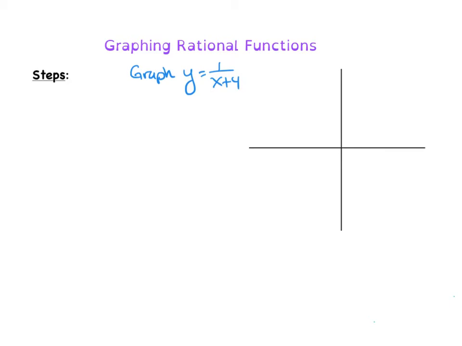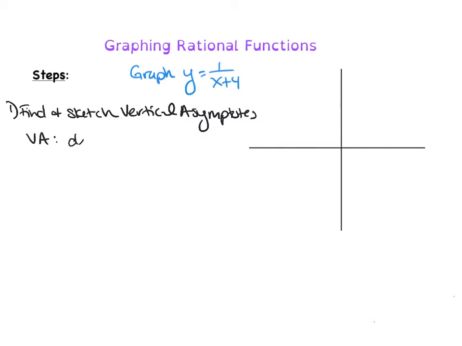So here are the steps that you should follow when you're graphing rational functions. Step 1. The first thing that you want to do is find and sketch your vertical asymptotes. So remember, your vertical asymptotes come from when your denominator equals 0.